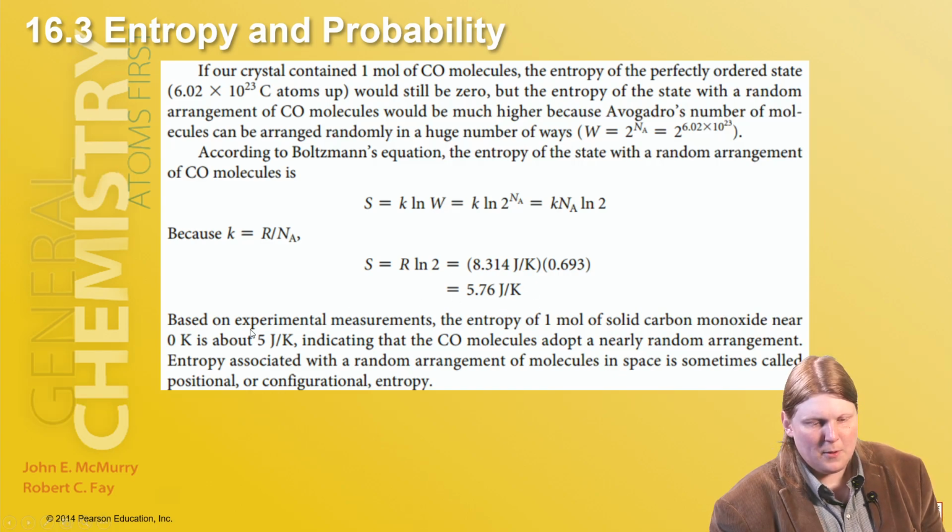And based on experimental measurements, that's what we see. So it seems like at about 0, the CO molecules adopt a nearly random arrangement. They don't adopt a perfectly crystalline arrangement as we get lower down. They have a finite entropy value. So if we could measure the entropy of a state, we could also figure out how likely that state is and vice versa.